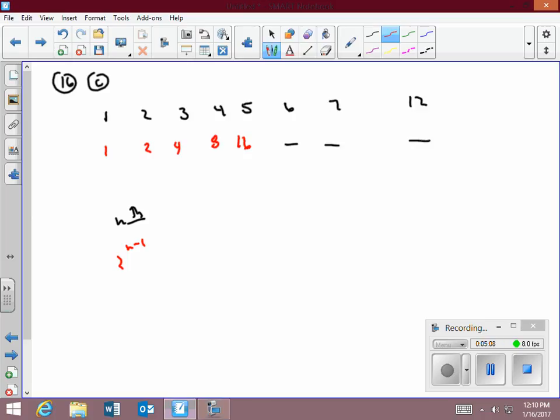So then this is going to be 32, right? 64, and then the 12th. Let's see. I don't know, what's 2 to the 11th power? Who's got the calculator?